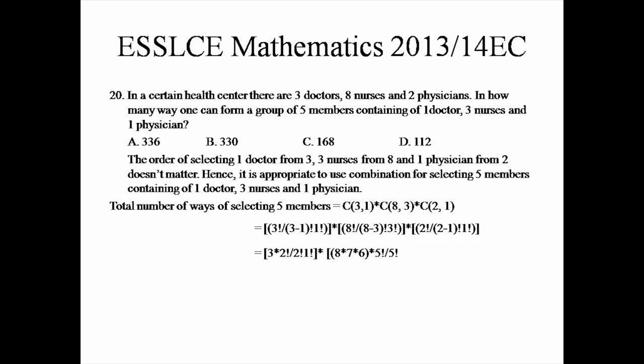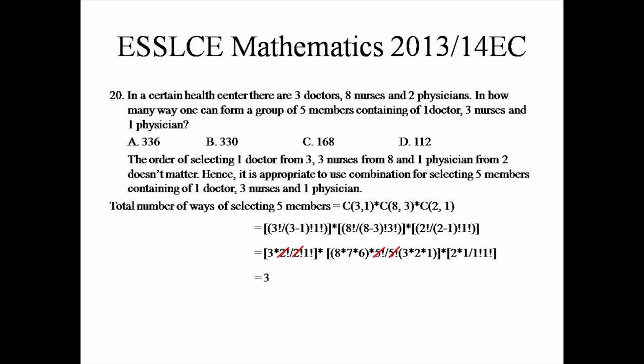And 3 factorial can be rewritten as 3 times 2, times 2 factorial is 2 times 1, divided by 2 minus 1 factorial is 1 factorial times 1 factorial. In the first expression, that's 3 times 2 factorial divided by 2 factorial times 1 factorial. 2 factorial crosses out by 2 factorial, we are left with 3 times 8 times 7 times 6 times 5 factorial divided by 5 factorial. 5 factorial will cross out by 5 factorial.